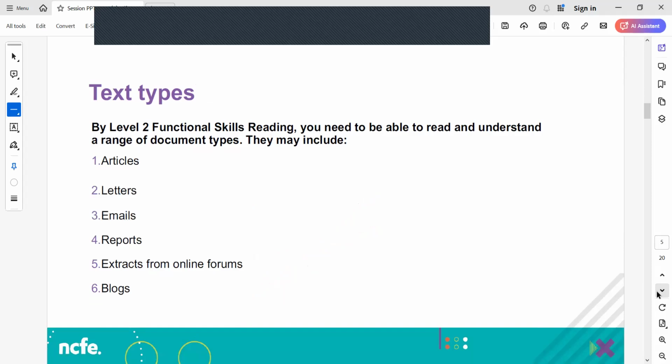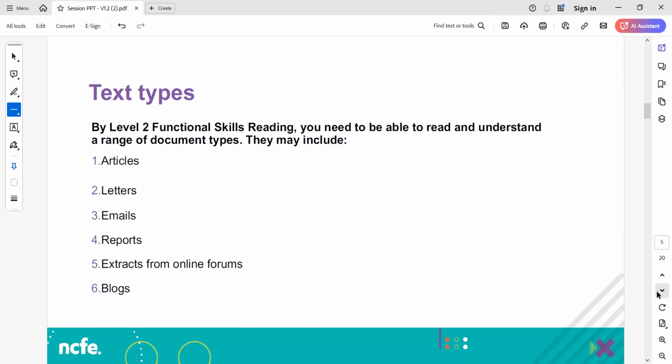Okay, text types. Hello, Karen. So by level 2 functional skills reading, you need to be able to read and understand a range of document types, which may include articles, letters, emails, reports, extracts from online forums, and blogs.